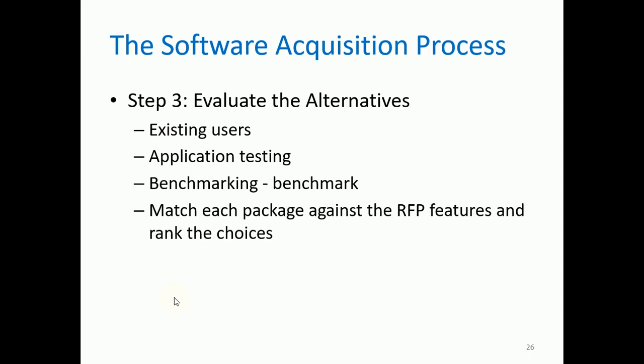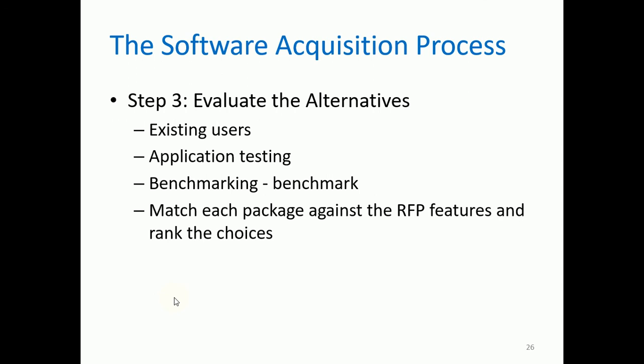And then step number 3 is evaluate the alternatives. For the alternatives, you have to consider the existing users. You must include them because they're the ones who are going to use the information system. And then we also have application testing. We need to test each alternative to see which is better.